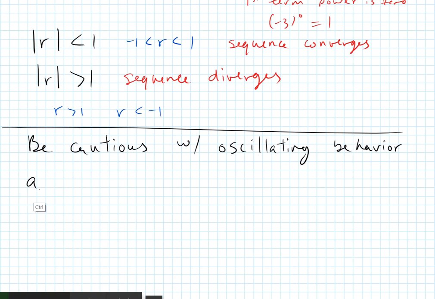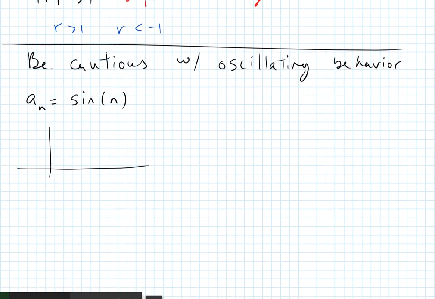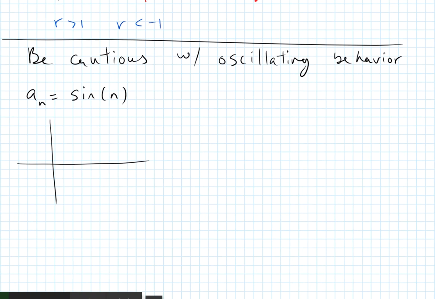The sine curve oscillates, right? You draw the curve, it goes up, it goes down, but it never gets bigger or smaller. It just keeps oscillating between 1 and negative 1, and it keeps going.